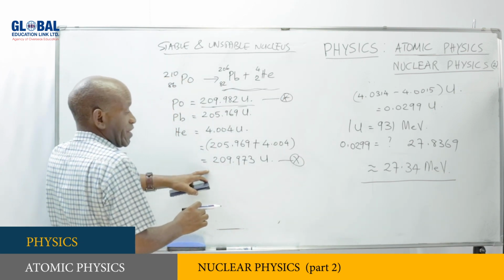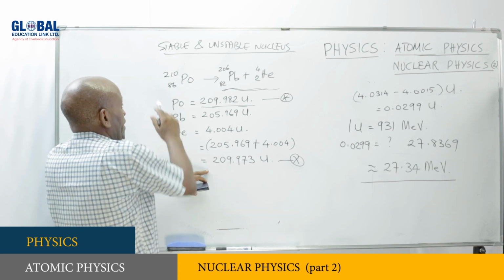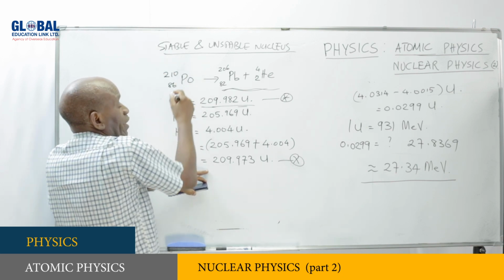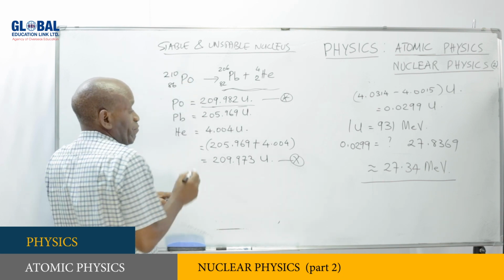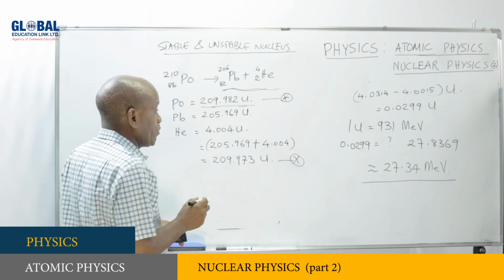And if that happens, it means that this particular mother nucleus is unstable. So polonium in this particular case is an unstable nucleus.